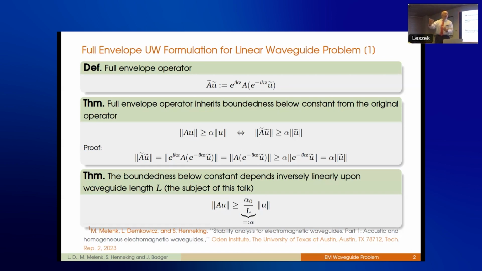You reduce it to stability of the 1D Helmholtz equation in the z direction. You use the L2 orthogonality, put it together in about a couple of days. Marcus and I had this result that the stability constant depends inversely linearly upon the length. The larger the length, the larger the number of wavelengths, the smaller the stability, right?